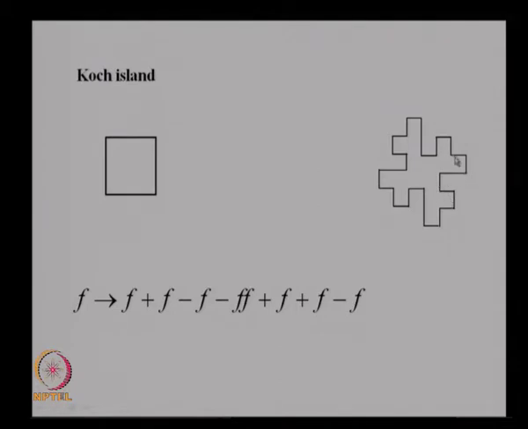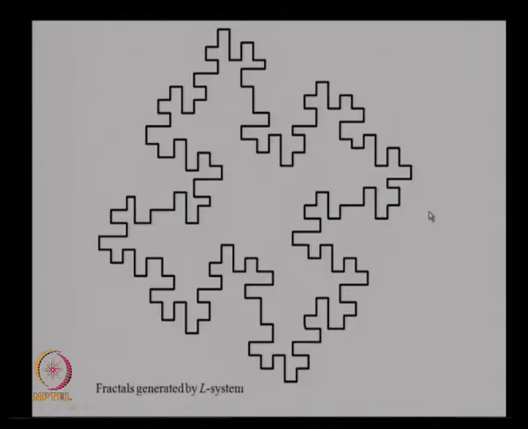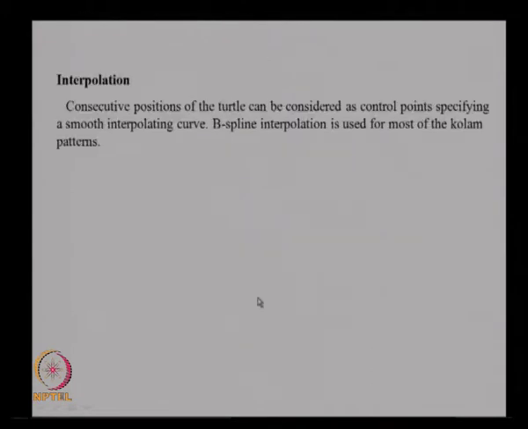From this to this position you will have another F replaced by the string, then again from this to this position, and the last F will be replaced by this. So, at the next stage you get this one, and in the next stage you will get this one. If you want to draw a smooth curve, it will become the coast island.